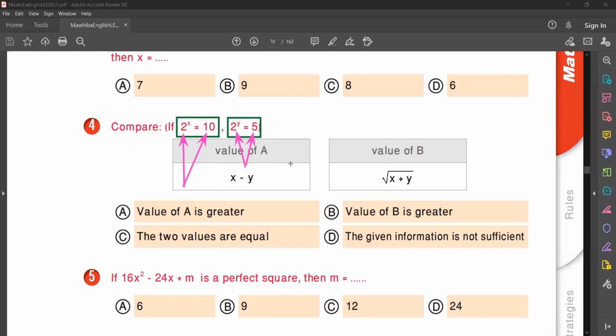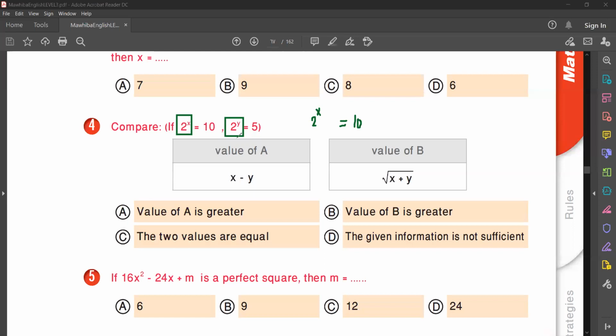Okay, now we try it like this. Look here, on the left side, he said 2 to the power x and 2 to the power y. We multiply two things like this: 2 to the power x equals 10, right?